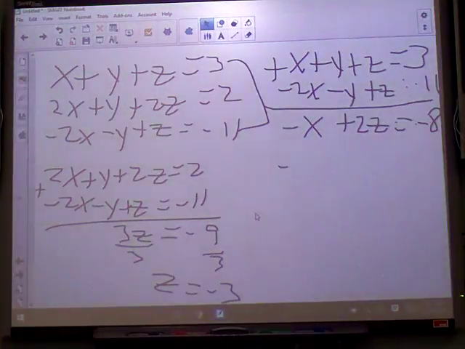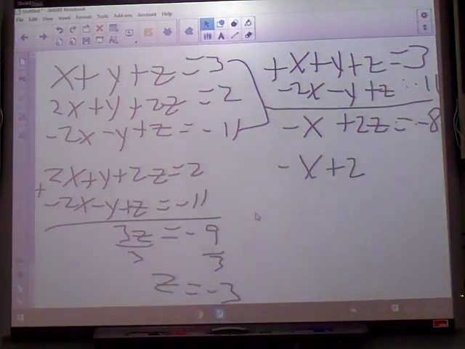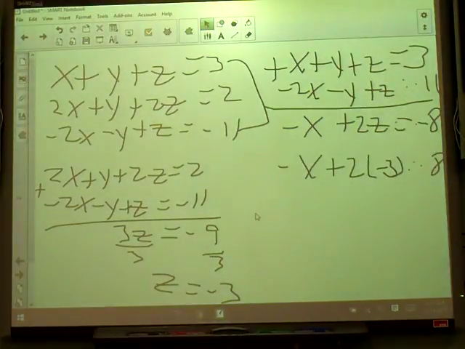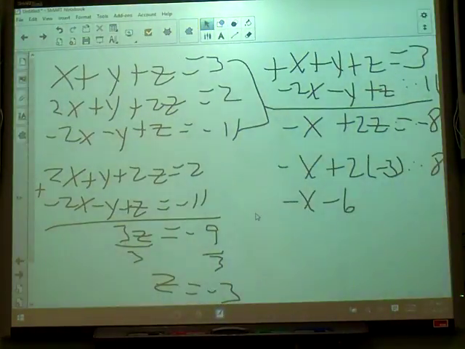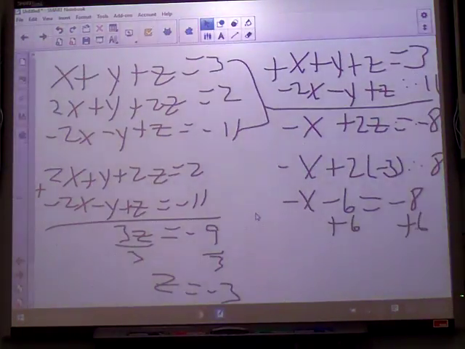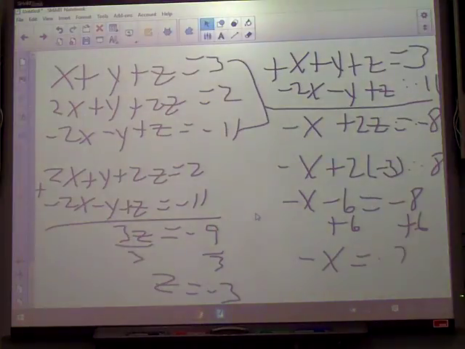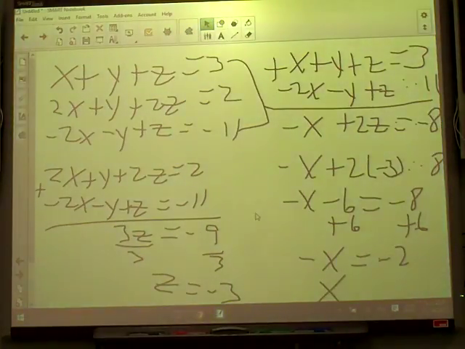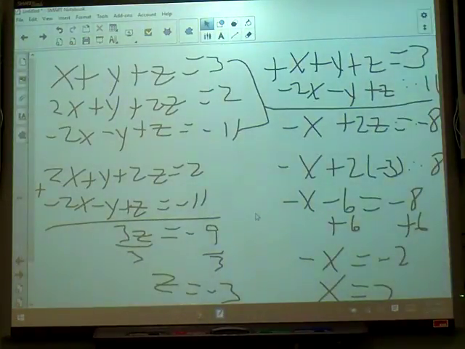So I got negative x plus 2 times negative 3 is equal to negative 8. So it's negative x minus 6 is equal to negative 8. Add my 6. Negative x is negative 2. Divide by negative 1. x is 2. So I've got an x. I've got a z. I'm missing a y.